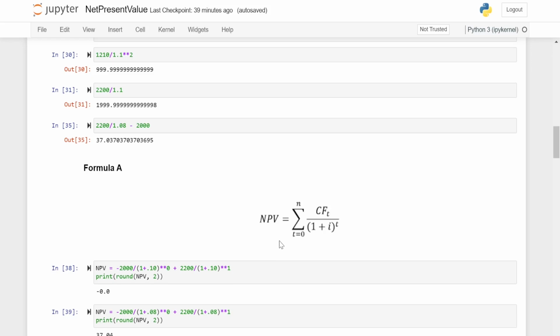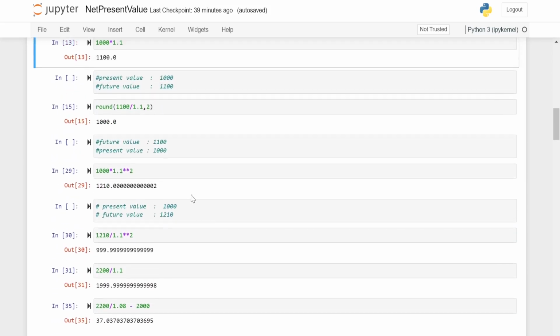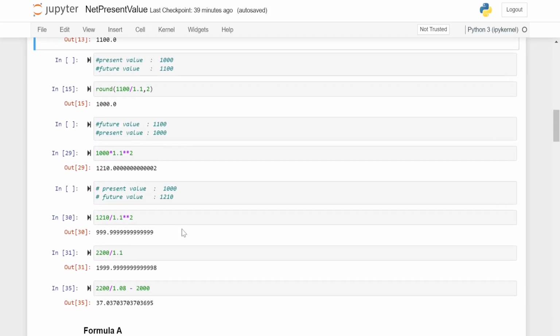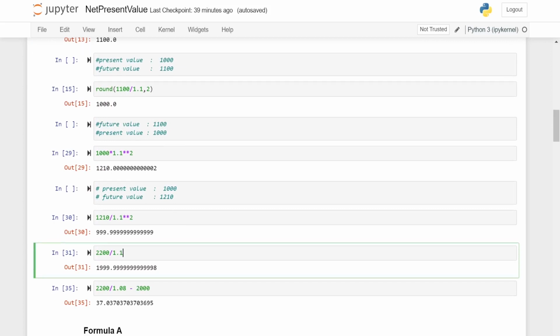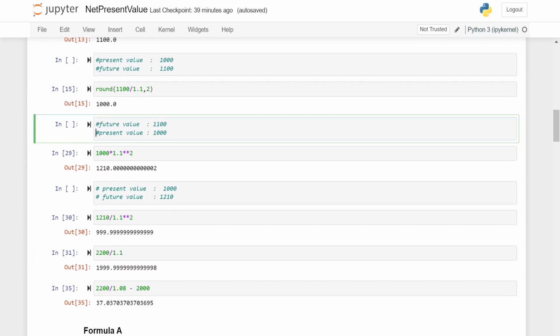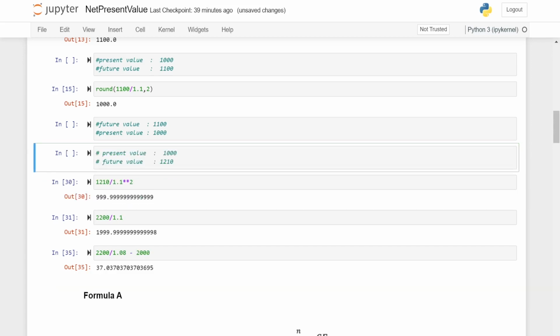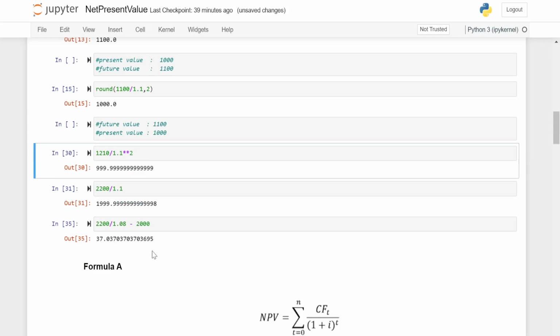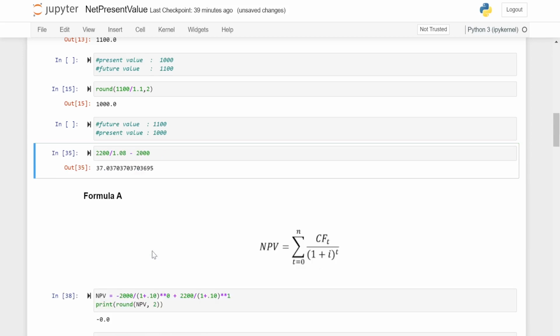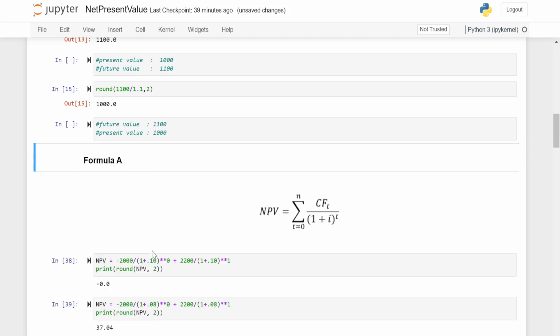But before we use this formula, let us calculate here. So how will we go about it? Now let me remove all these things. This we already discussed. There's no need of this. Okay, let us do this.